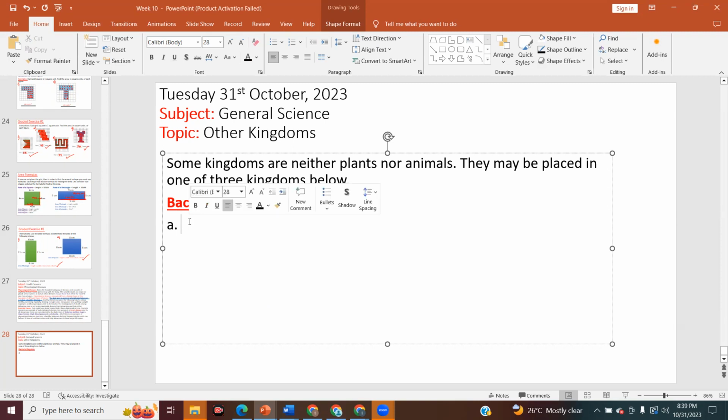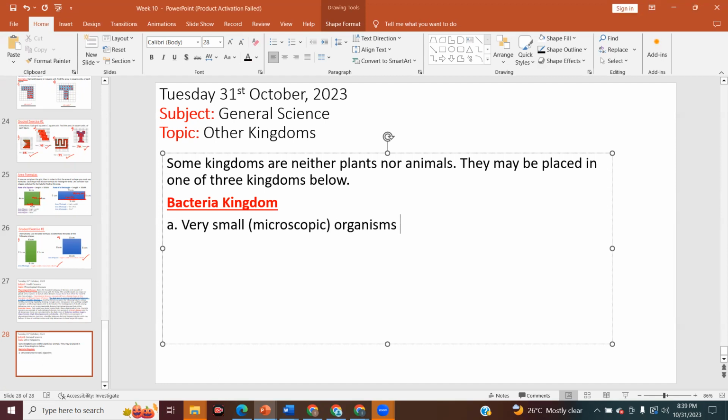Very good. They are very, very small. We call them microscopic organisms. They can only be seen with a high power microscope. So they're very small organisms.